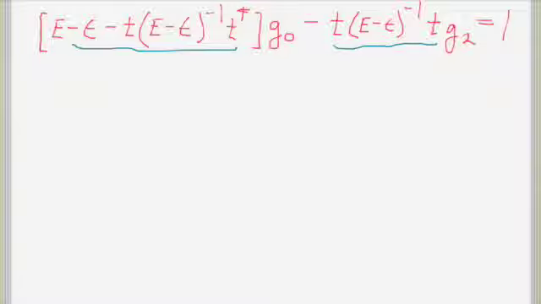But whenever you do this, it always shows up in this kind of form, a T (E minus epsilon) inverse T, or T (E minus H) inverse T dagger. Okay, so we have renormalized it. Now we have something that's coupling site 0 to site 2. And the way this algorithm works, you keep repeating that. Next time you'll have something coupling site 0 to site 4, etc., etc.